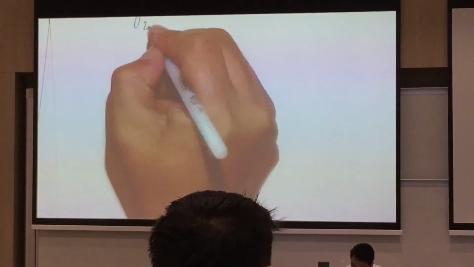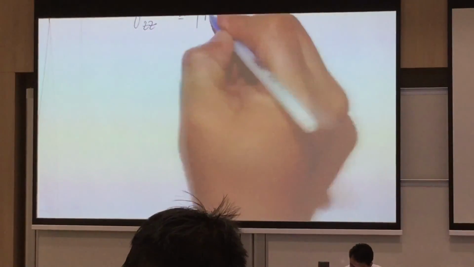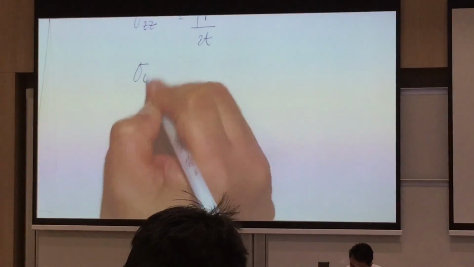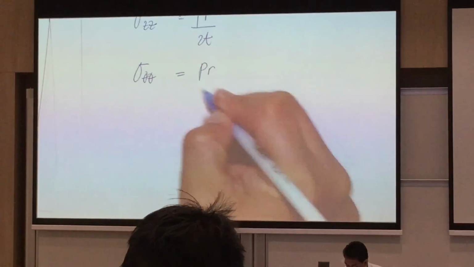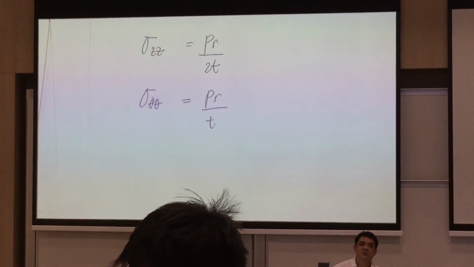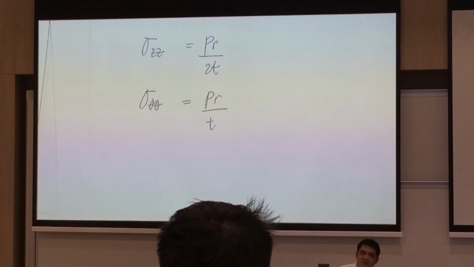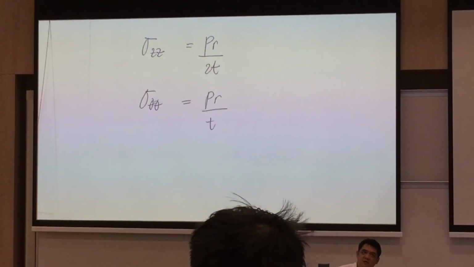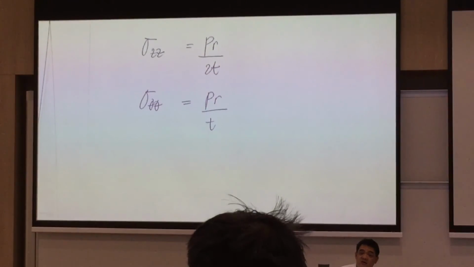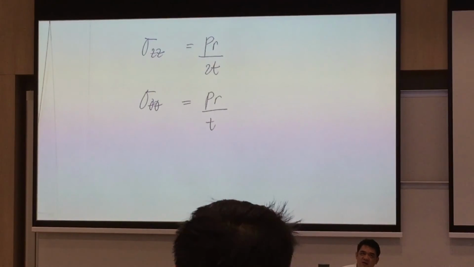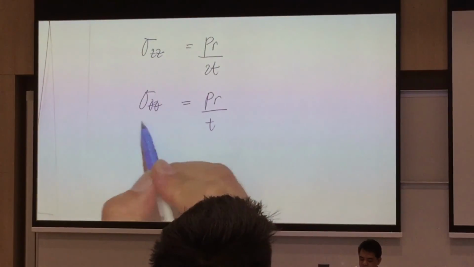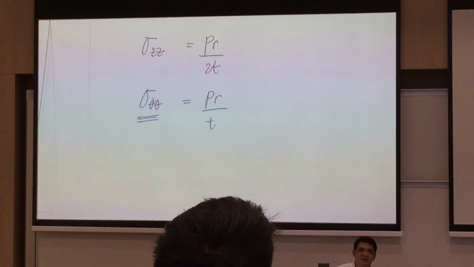So let's write those two equations. Which one will be greater, theta theta or Z Z? The value sigma theta theta will be greater than sigma Z Z, right? So it's more critical, so the design of the pressure vessel will be mainly based on sigma theta theta.